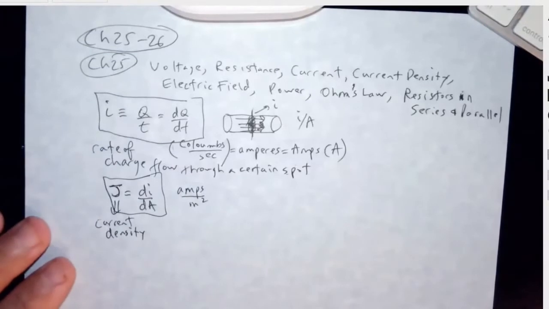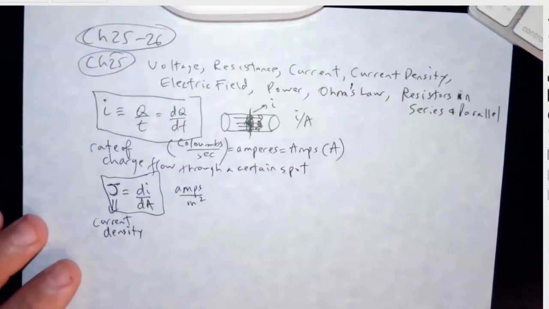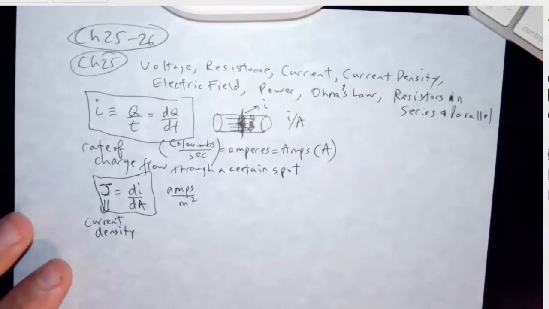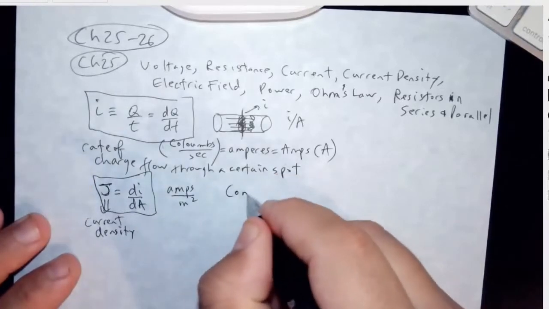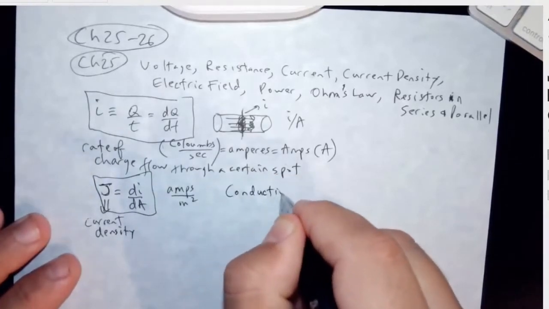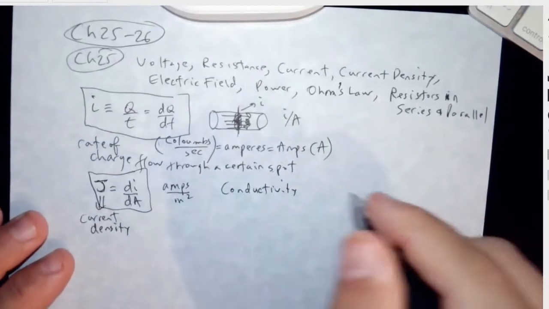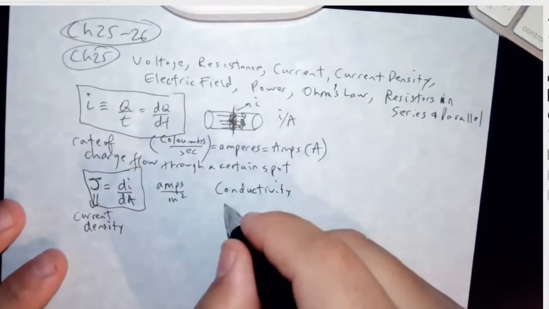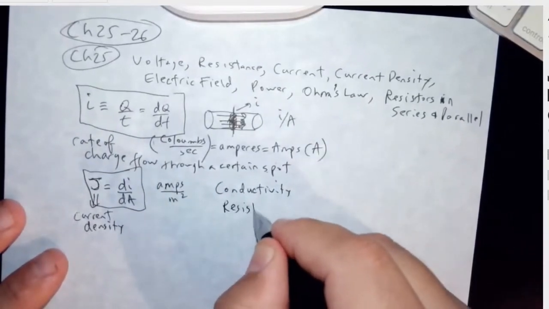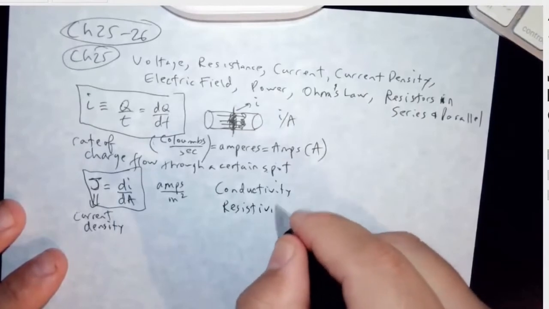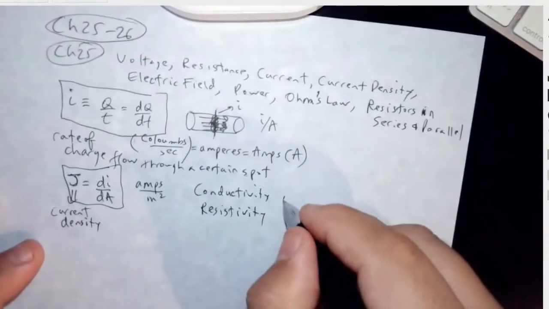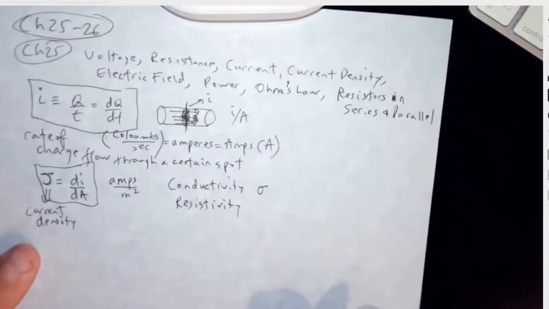Then we're going to introduce something known as the conductivity of a material. Conductivity and resistivity, they're opposites to each other. Conductivity is sigma, the symbol.